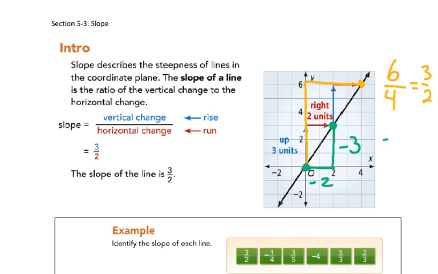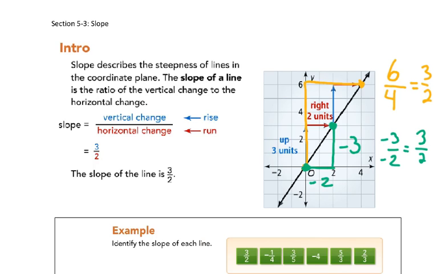So the slope would be negative 3 over negative 2, and we should know by now that 2 negatives divided by each other equals a positive. So again, no matter which 2 points you choose, you will always get the same slope of 3 over 2.